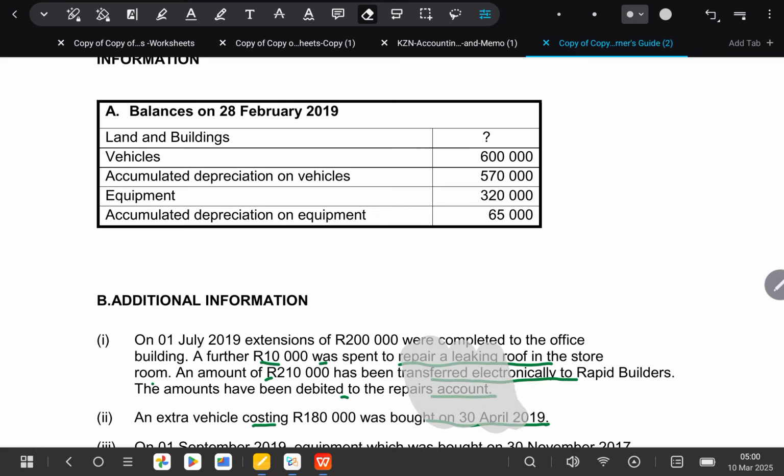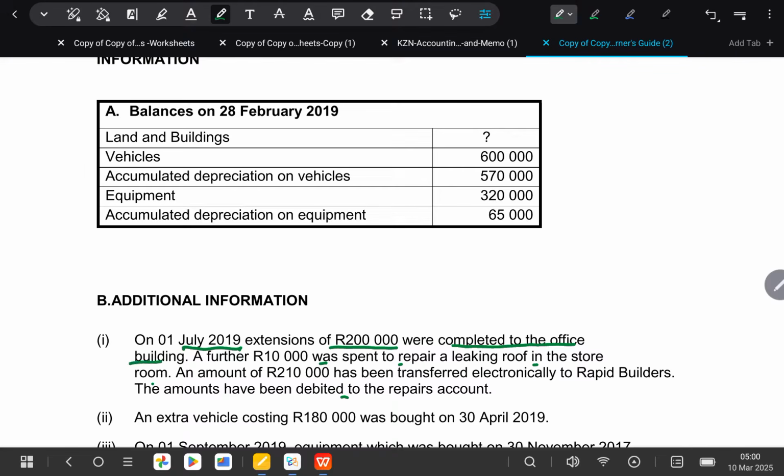Here they're saying that, number one, for land and buildings, on 1 July 2019, extensions of 200,000 were completed to the office building. A further 10,000 was spent to repair a leaking roof in the storeroom. An amount of 210,000 has been transferred electronically to Rapid Builders. The amounts have been debited to the repairs account.